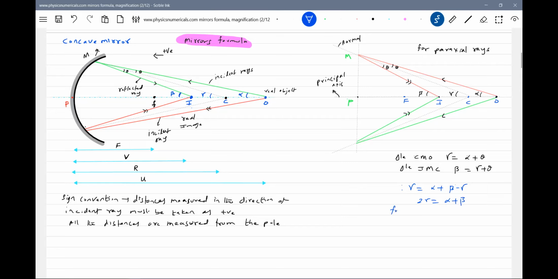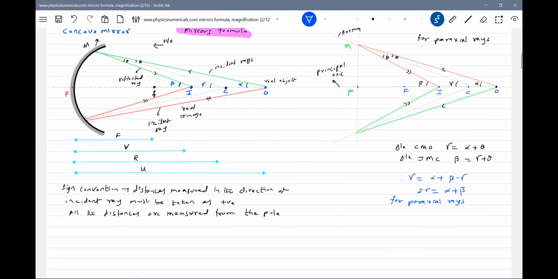For paraxial rays, we can write 2 gamma as 2 tan gamma, alpha will become tan alpha, and this will become tan beta. Okay, from the triangle, what is tan gamma? Here, look at this triangle.